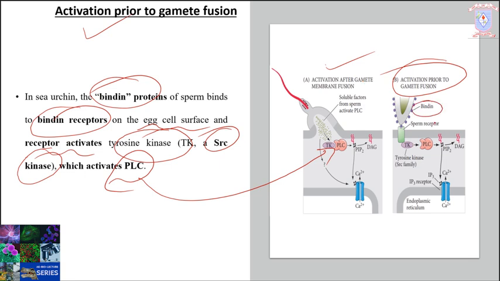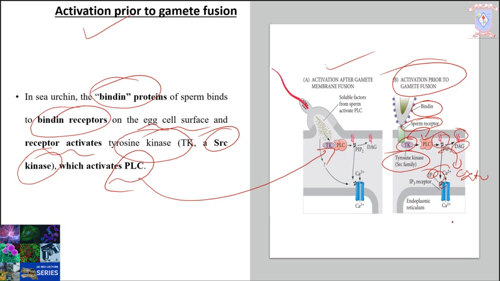Here you can see the activation prior to gamete fusion. The binding proteins attach to the sperm receptor, and the receptor activates tyrosine kinase, an SRC family protein, which activates PLC. PLC cleaves PIP2 into DAG and IP3. DAG remains attached to the inner leaflet of the plasma membrane, but IP3 falls into the cytoplasm of the egg and attaches to the ER membrane receptors, that is calcium channels.